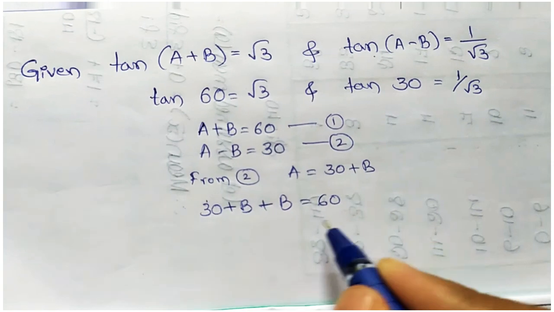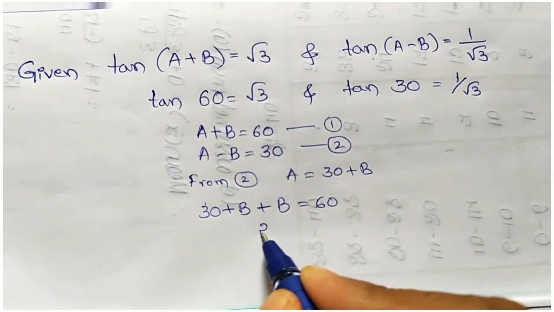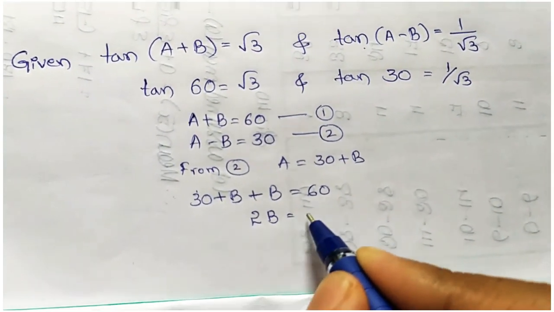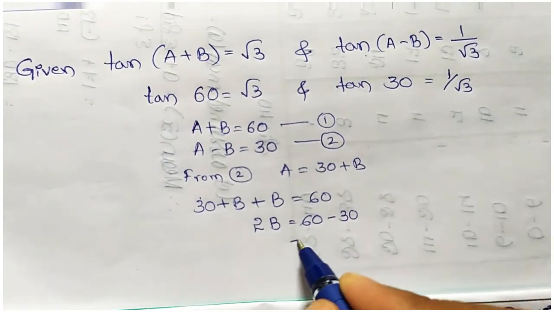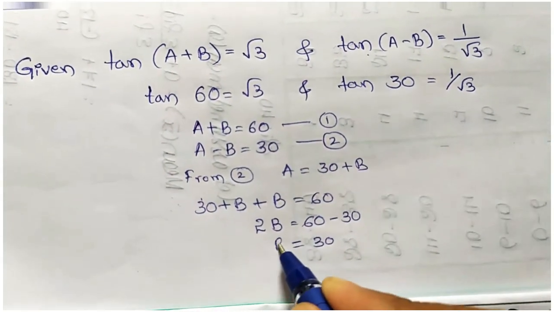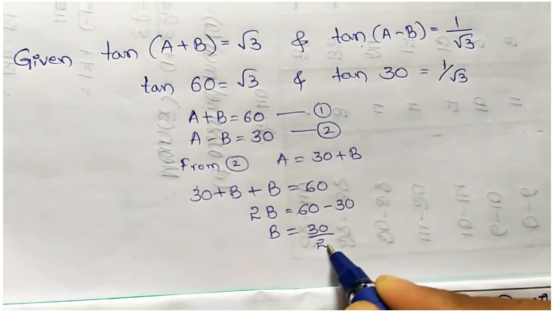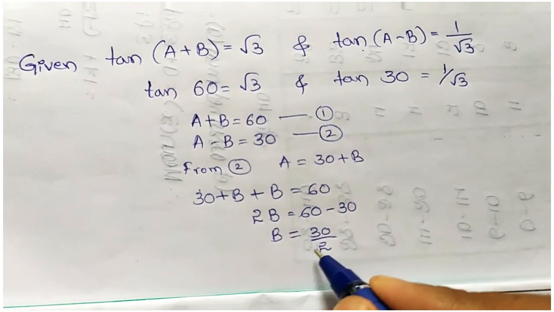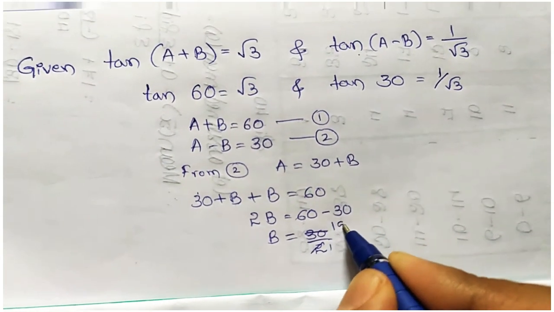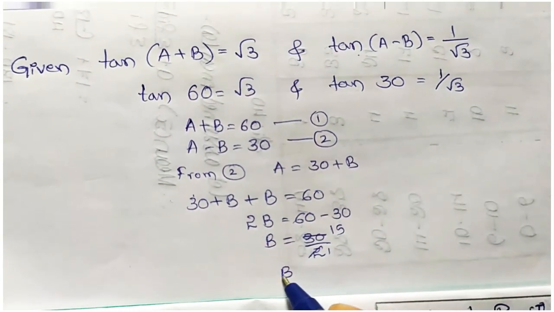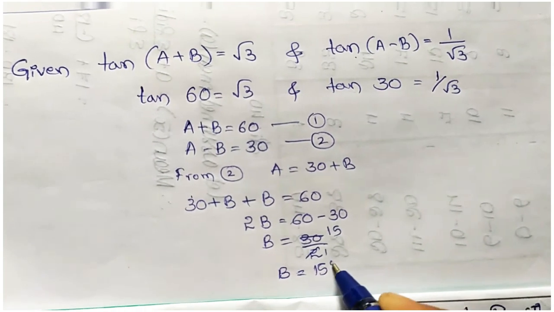Taking 30 to that side, here b plus b will be 2b, and 60 minus 30 will be 30. If I take 2 to that side it becomes divisible, so 30 by 2. 2 ones are 2, 2 fifteens are 30. So now we got b equal to 15 degree.